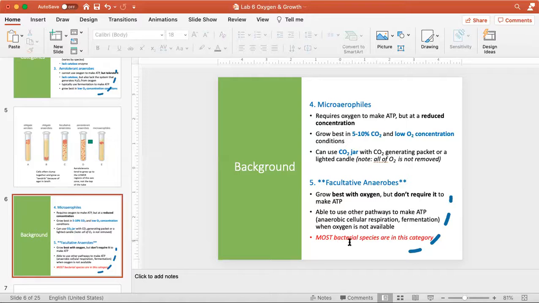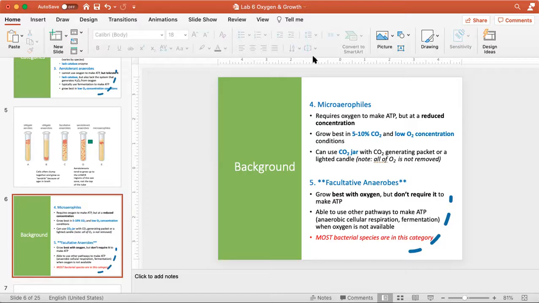So let's talk about what their requirements are. These organisms grow best with oxygen, but they don't require it to make ATP. They are able to do aerobic cellular respiration. That's when they grow the best. They're able to do anaerobic cellular respiration, and they're able to do fermentation when oxygen's not available.